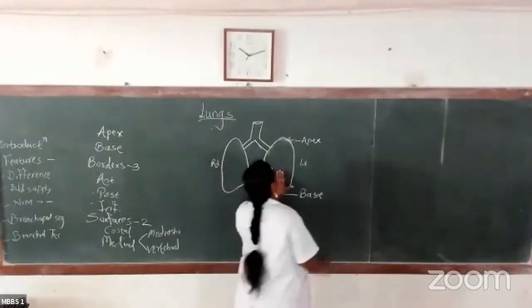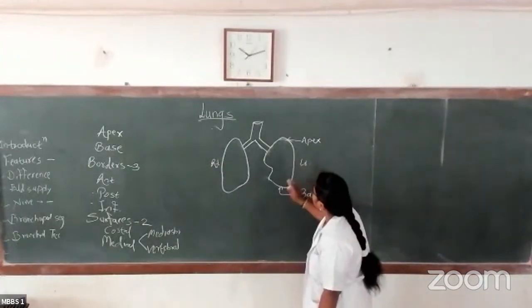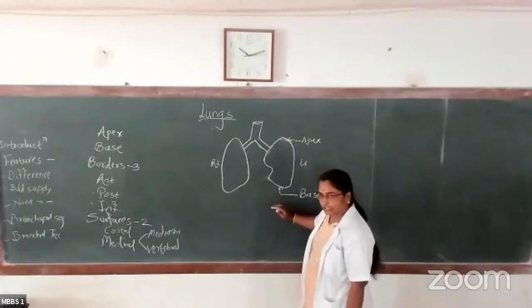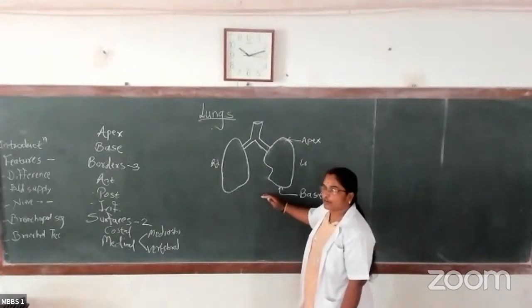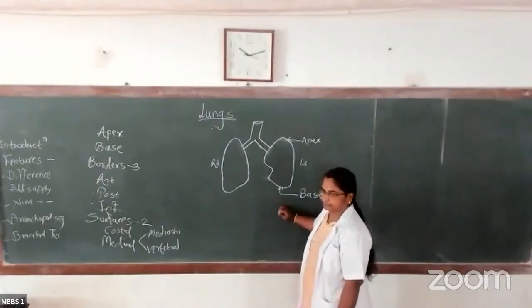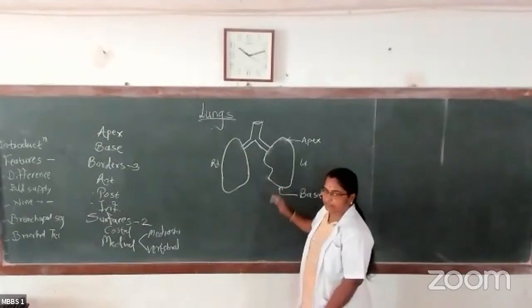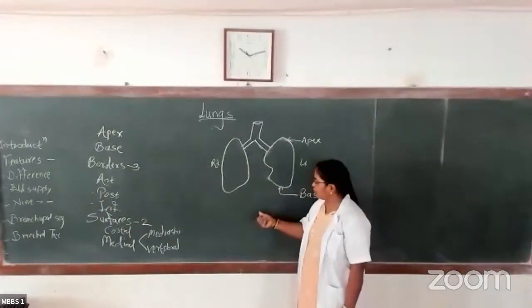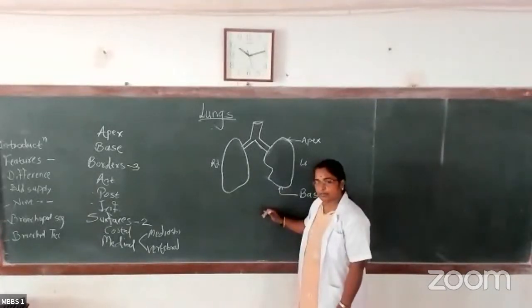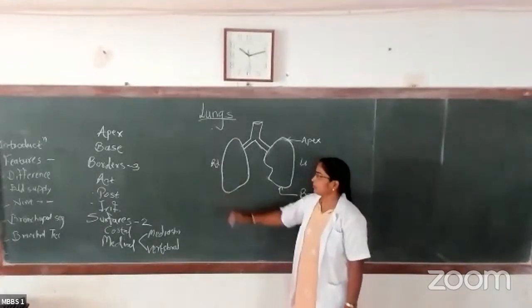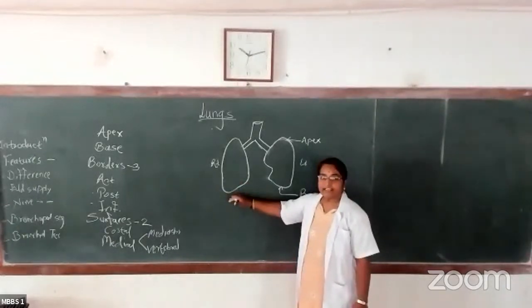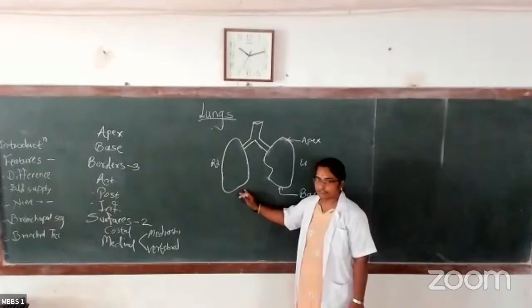Similarly, the base of the left lung separates it from the left lobe of the liver as well as fundus of stomach and spleen.